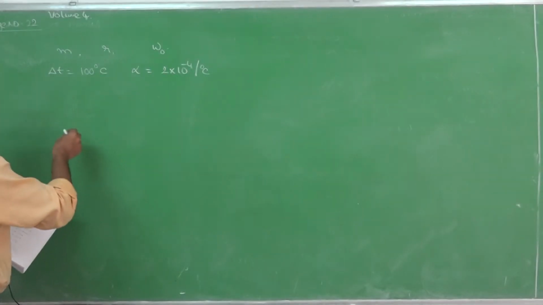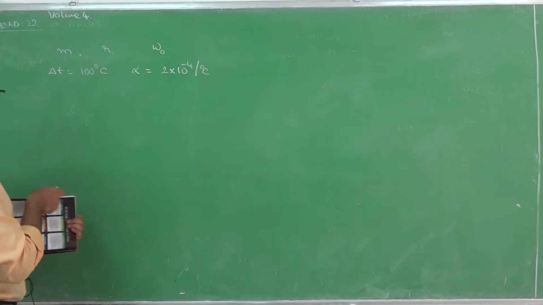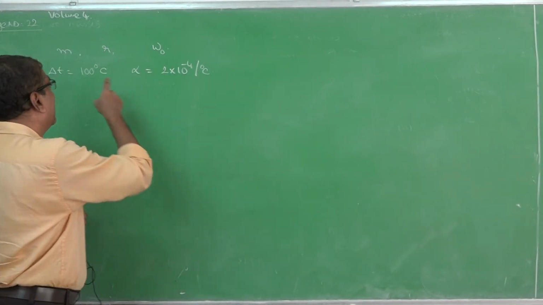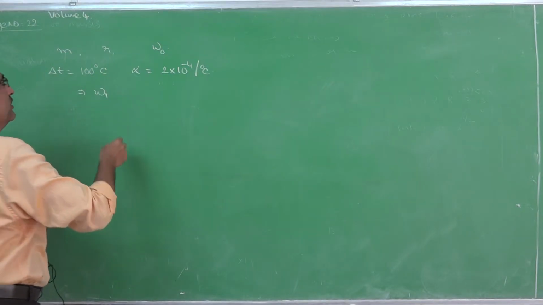Then the ratio of angular speeds at 100 degrees centigrade and omega 0. So assume that the angular velocity at 100 degrees centigrade is omega 1.